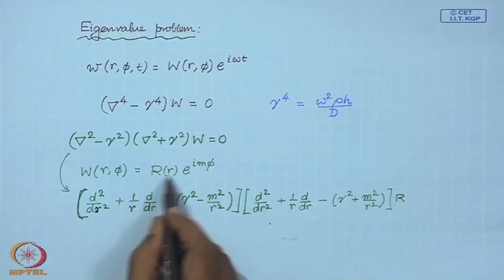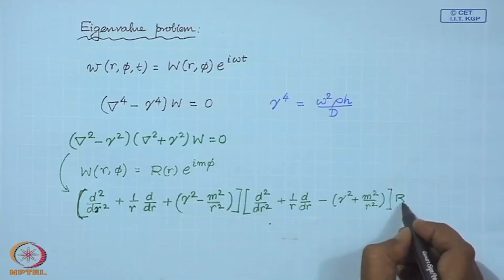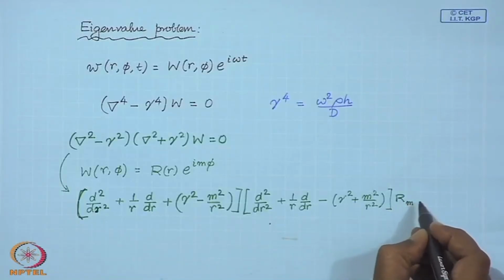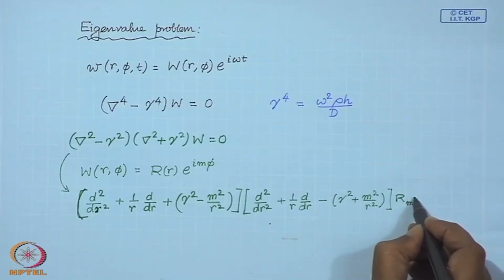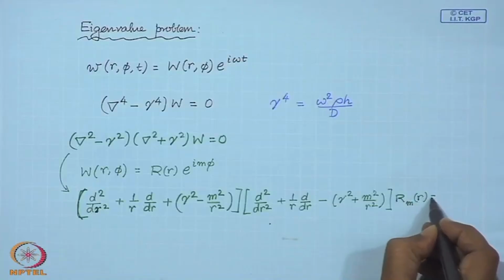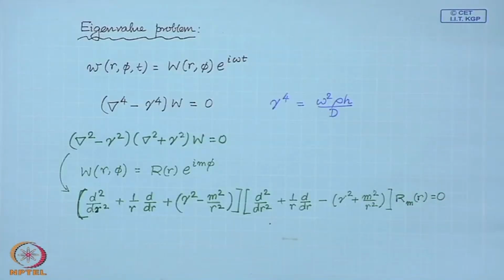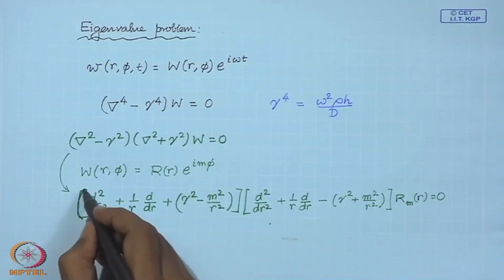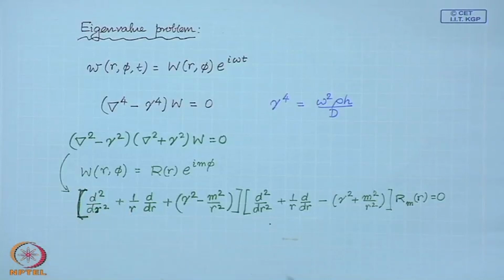Because of this m, I can put an index m. So, this is the differential equation that we have.